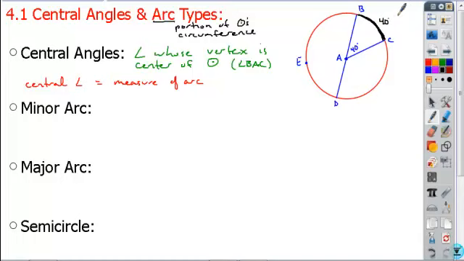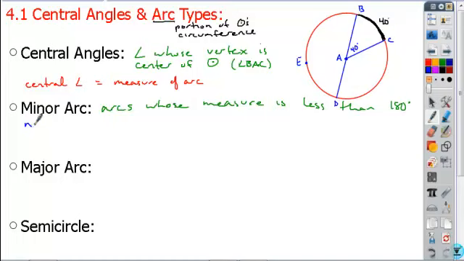Now, depending on what your arc measure is will decide how it's named and how it's classified. The first is minor arcs. Minor arcs are arcs whose measures are less than 180 degrees. So an arc like BC here would be considered a minor arc.